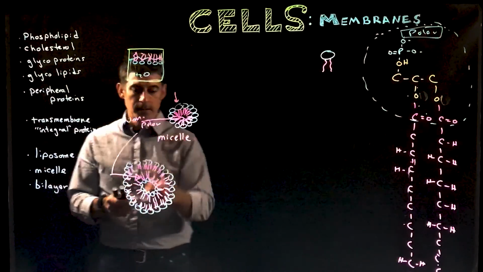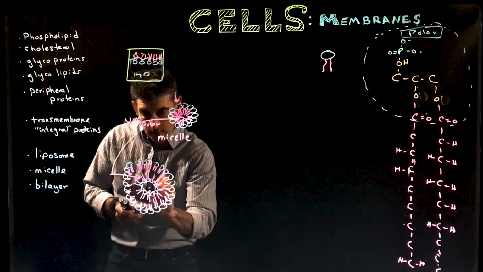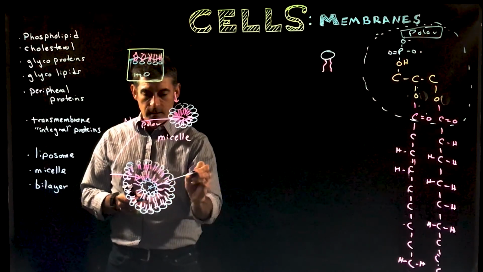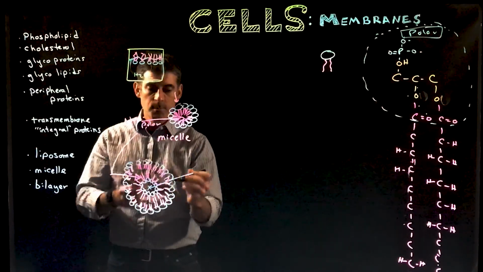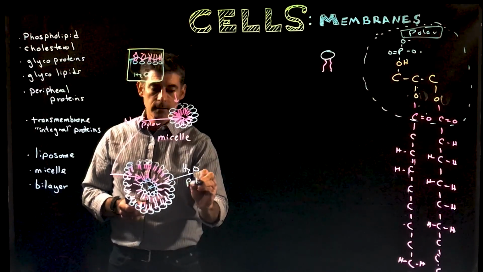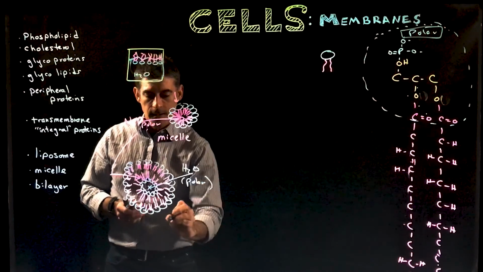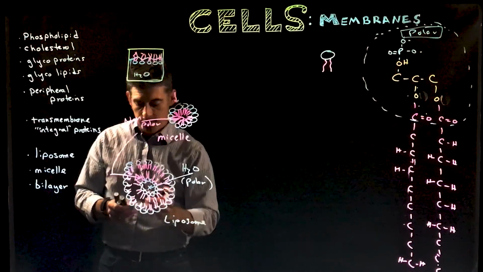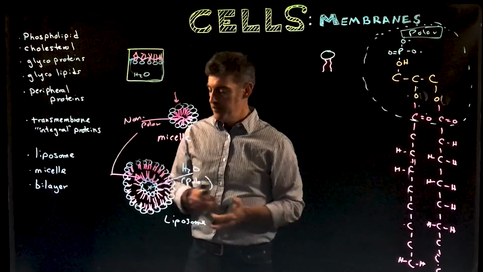But we have something different. At the core, the middle of this structure, it's surrounded by the polar heads, which means water can be in here. It has a polar interior. This is a structure called a liposome. Liposomes can also form spontaneously.